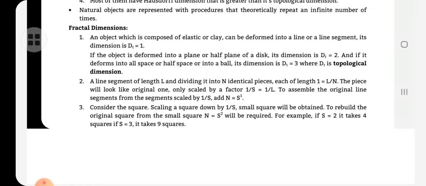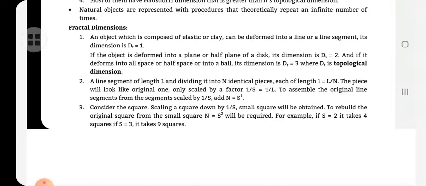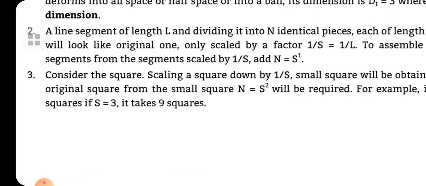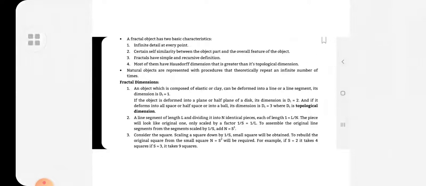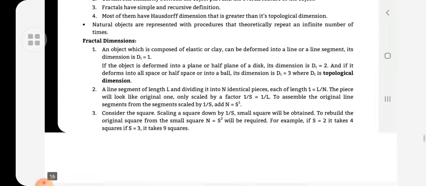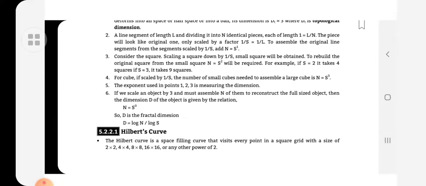Then consider a square. Scaling a square down by 1 by s, a small square will be obtained. To rebuild the original square from the small squares, n equal to s squared will be required. If s is equal to 2, it takes 4 squares. If s is equal to 3, it takes 9 squares.